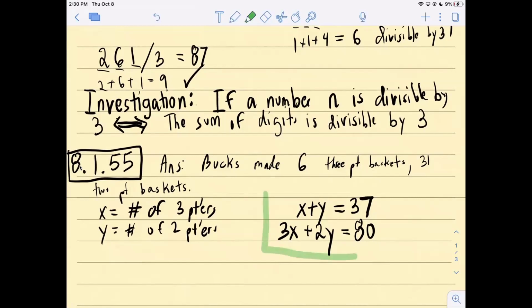Let me see if that's actually what it's asking for. Yeah, this is like writing the problem. Maybe that would be the system of equations. Maybe you can say, okay, the Bucks made 37 baskets and scored 80 points. How many of each type of basket would they solve? Nice, Archer, I think you're right. It's better to turn it into a word problem.